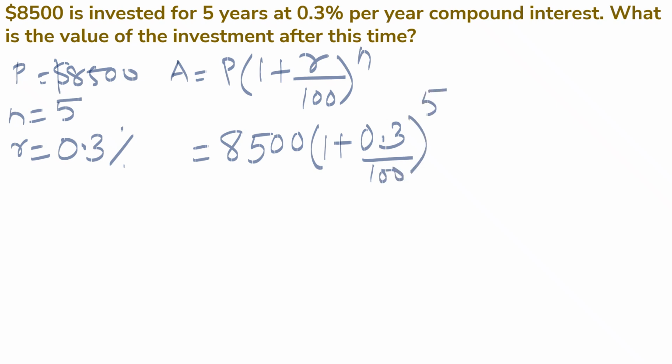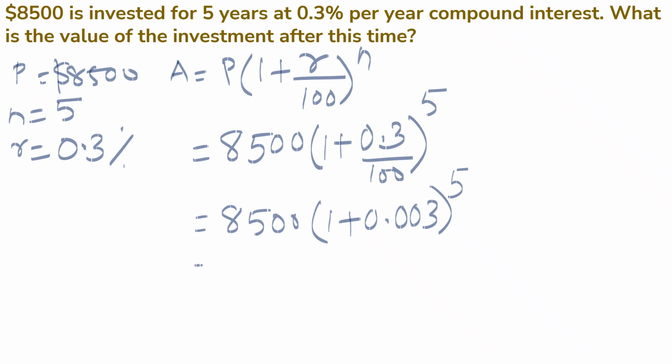Now what will I do? I will write 8500 as it is. Then 0.3 divided by 100, the decimal gets shifted 2 places, so it is 0.003. Then if I add 1, it becomes 1.003 to the power 5.